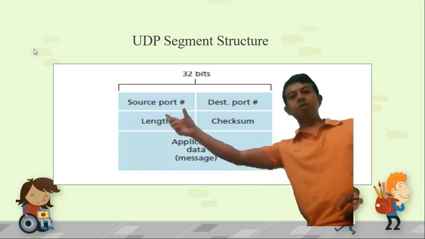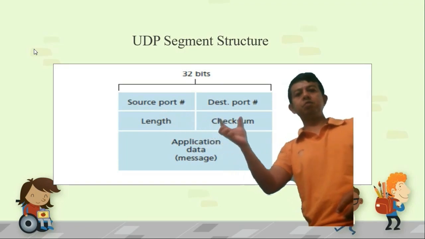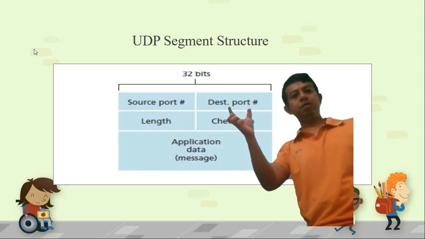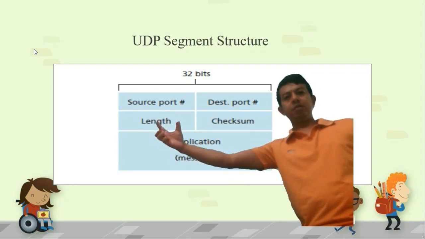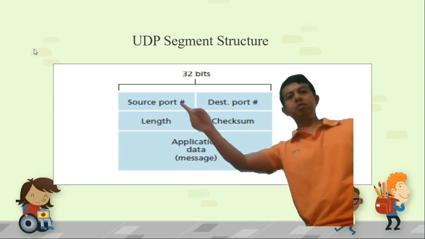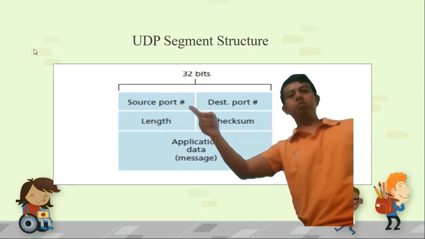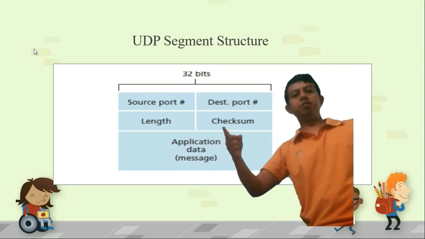If you look at it, the source port number is 16 bits, the destination port number is 16 bits. This we have discussed in lecture 2. The length field, we'll discuss what the length field is, and the checksum field, they are also 16 bits each. That means 2 bytes for source port number, 2 bytes for destination port number, 2 bytes for the length field, and 2 bytes for the checksum.